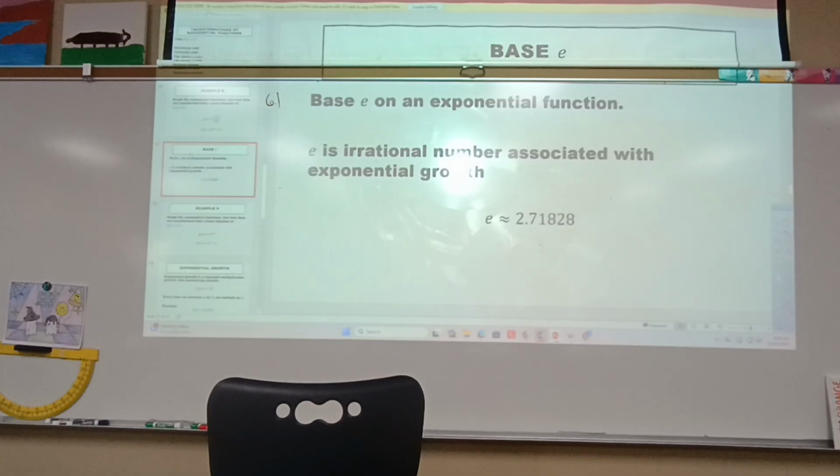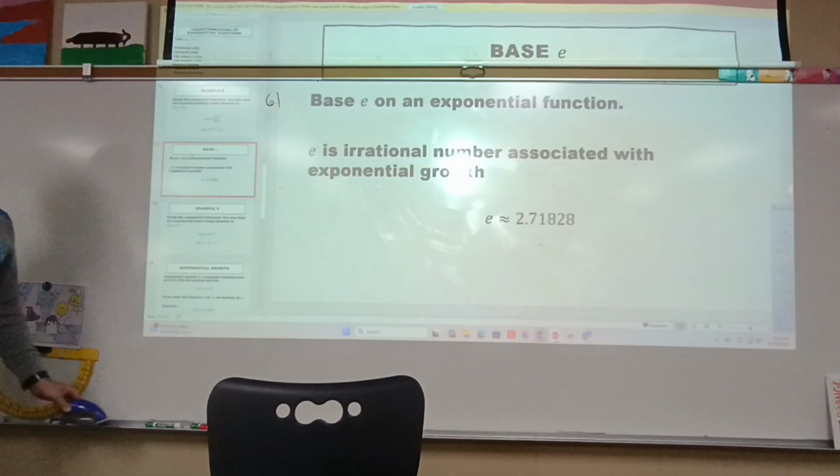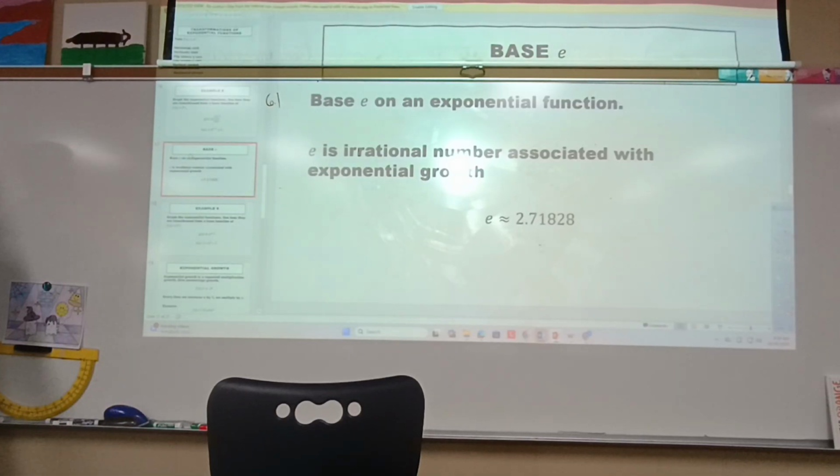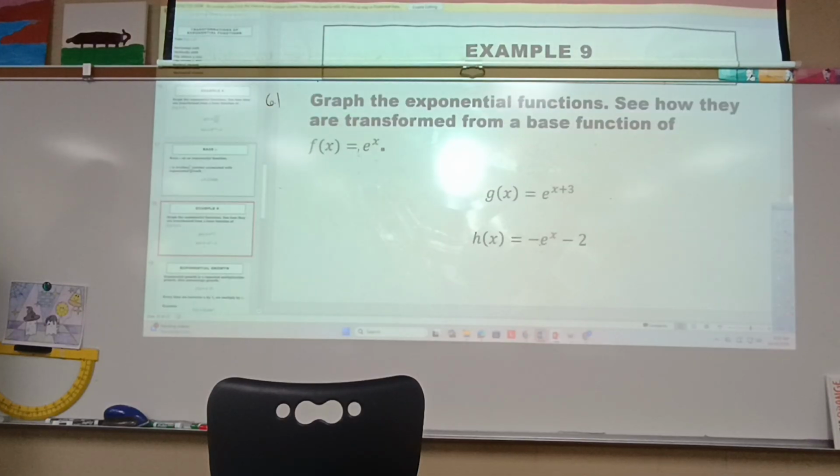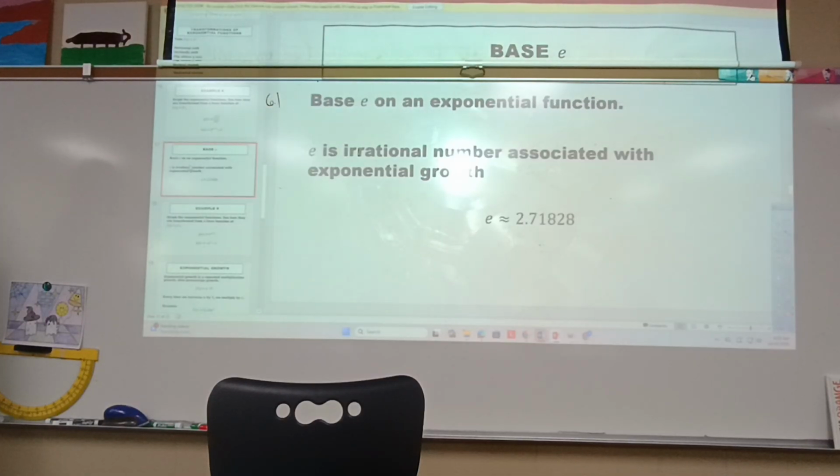You have an E with a caret sign. E is a very special number. E is another one of those irrational numbers that should not be irrational, but it is. It's a limit. I wish I could go into the proof. Maybe we'll do proofs next semester about why things are. But make sure you know where E is and make sure you understand it because we are going to use it a lot. Okay?